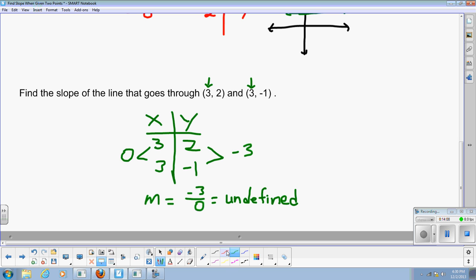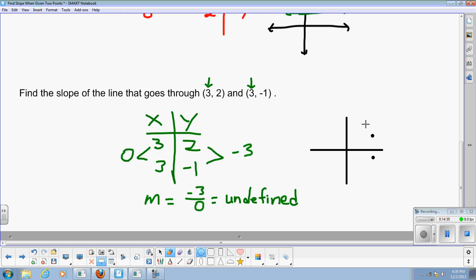If I was to make a very quick x-y axis here, it would look like this. Oh, that's really bad. Let me try and make a line like this. So I've got a line like that, and I've got a line like that. Now, if I want to make a new line, I've got to put my new points out there. 3, 2. So we're about right 3 and up 2 a little bit. And I'm going to go right 3, the same distance to the right, down 1.